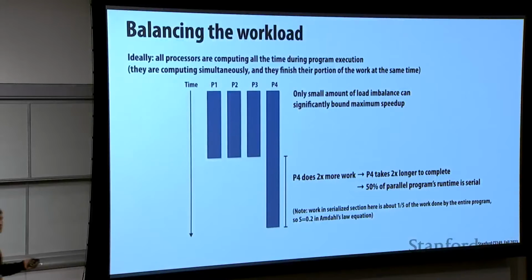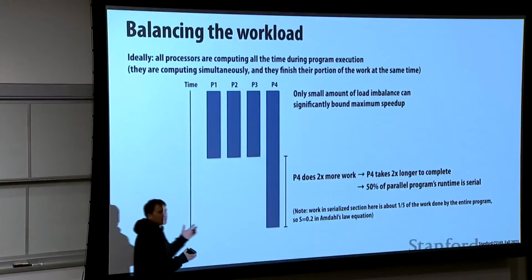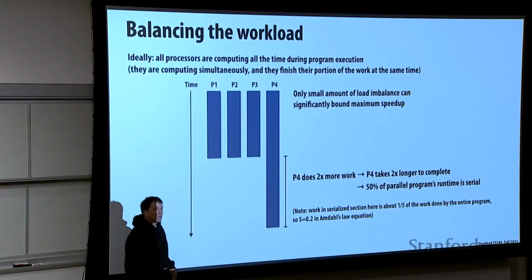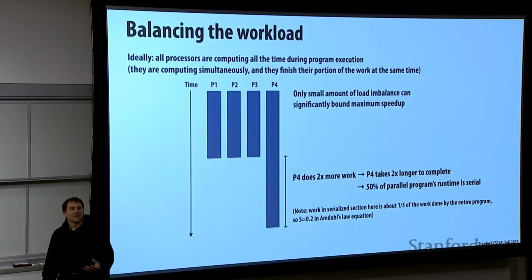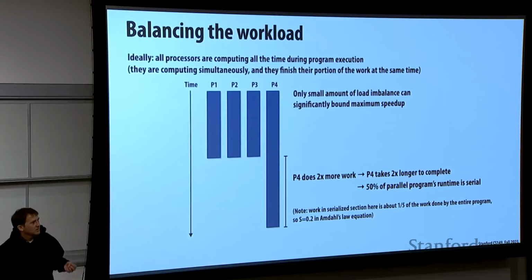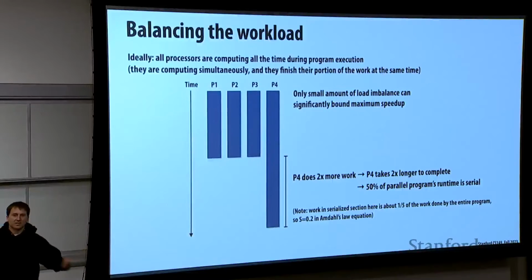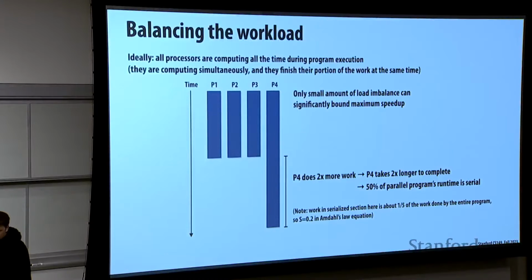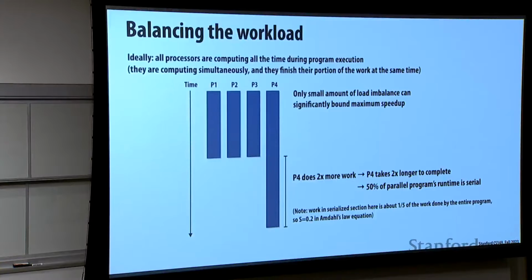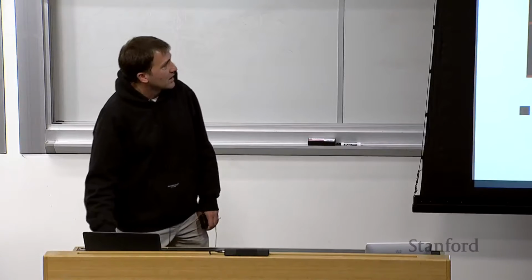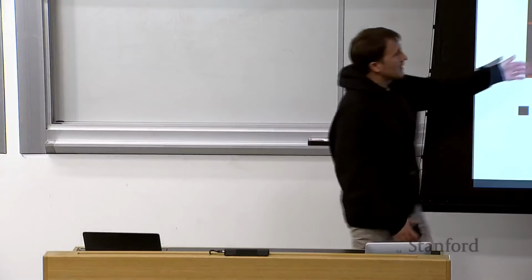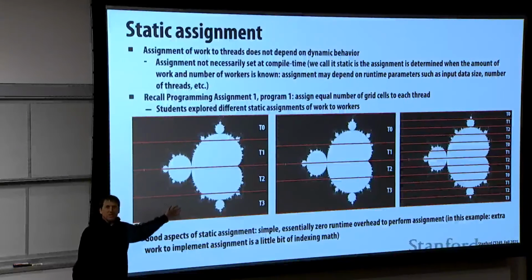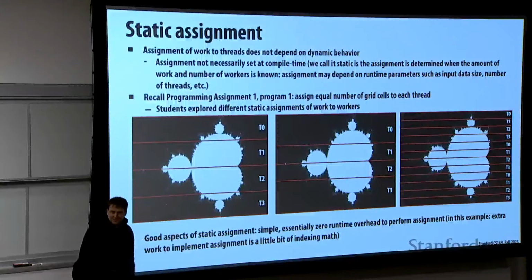So if you have a bunch of work, and you have a bunch of cores or threads, whatnot, what is probably the simplest way to divide work onto those workers? Or in other words, where do we start on program 1 of assignment 1? Just give each of them a contiguous chunk of the workload. Just give everybody an equal share. I'm not even going to think about what's contiguous or not. But we did something like this. We said, we're just going to break up the work completely evenly.